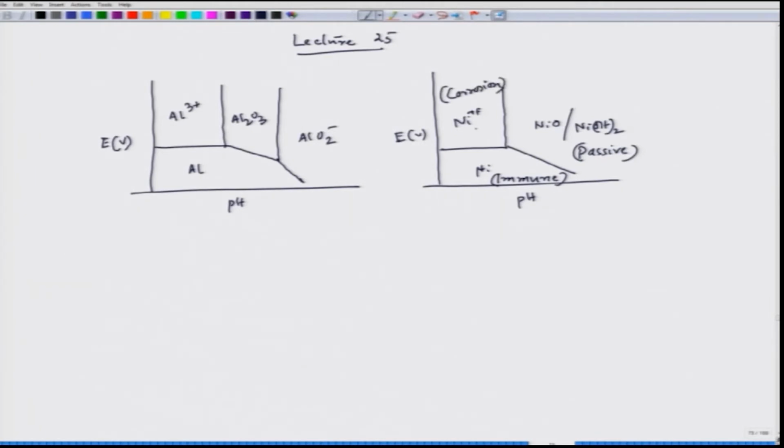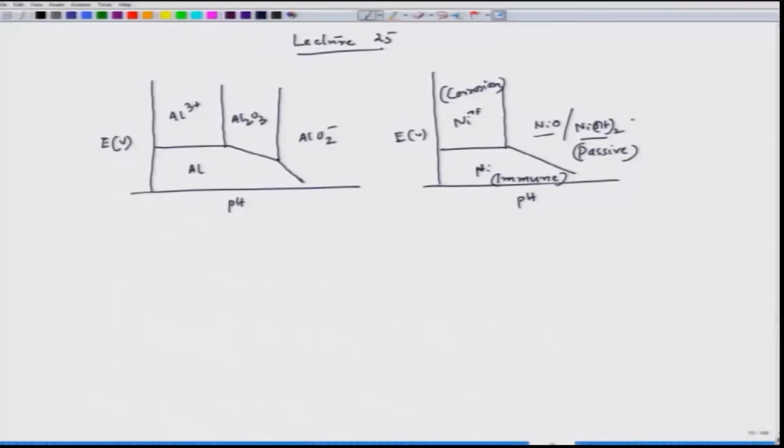Since nickel ion is forming, and whenever ion forms nickel dissolves, that is what we are talking about in the corrosion region. Here, nickel remains as nickel and that is the immune zone, and then we have a passive zone, considering the fact that these products are forming on top of the nickel surface and they are giving a protective nature against further corrosion of nickel.